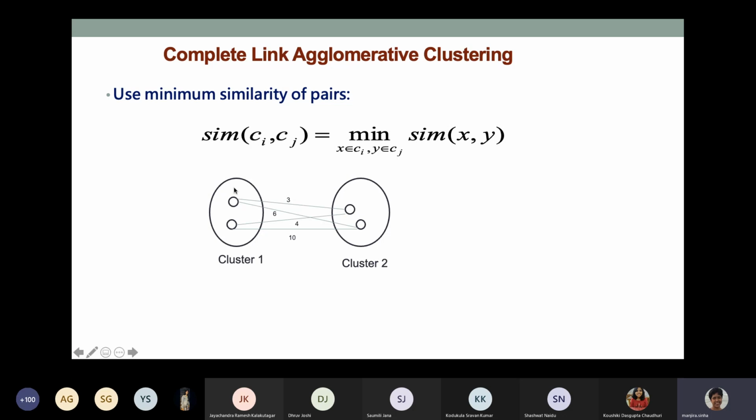In the same example, cluster 1, cluster 2, with edge weights 3, 6, 4, 10, the distance between cluster 1 and cluster 2 will now be 10, because we are considering the farthest pair of nodes to represent the similarity between the two clusters. So is it clear till now?